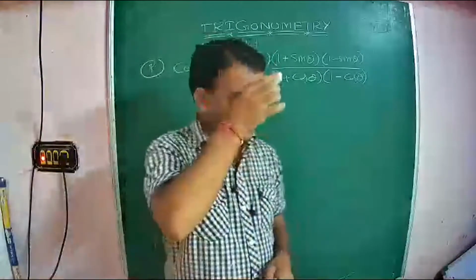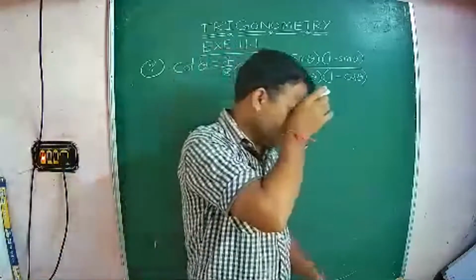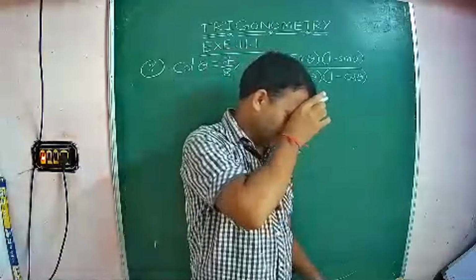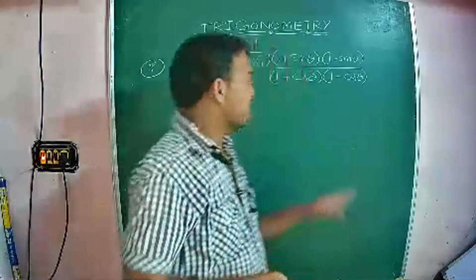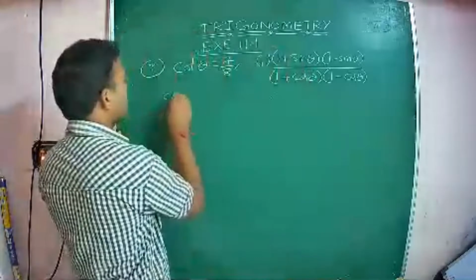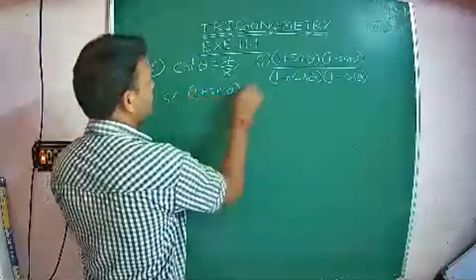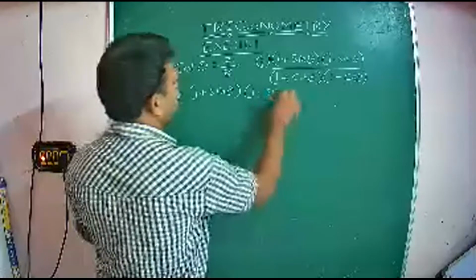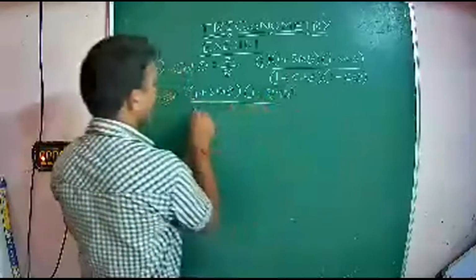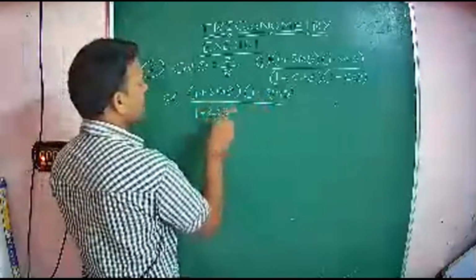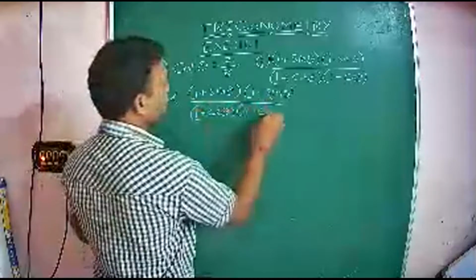1 plus cos theta and 1 minus cos theta. Okay, so this sum, first of all you need to find this solution. See, 1 plus sin theta into 1 minus sin theta by 1 plus cos theta into 1 minus cos theta.